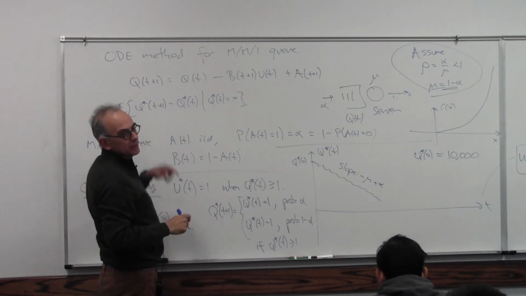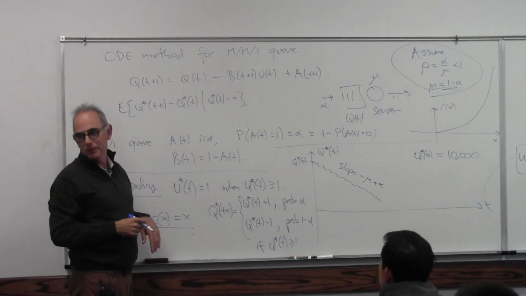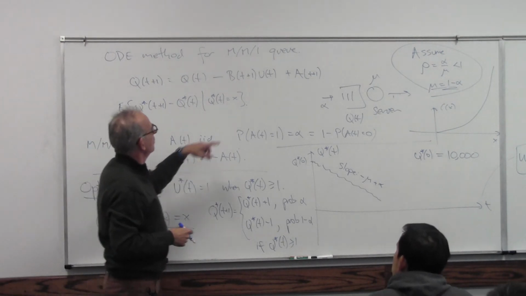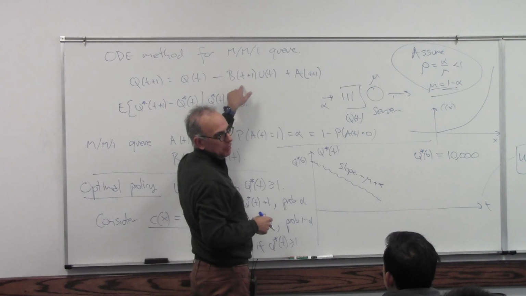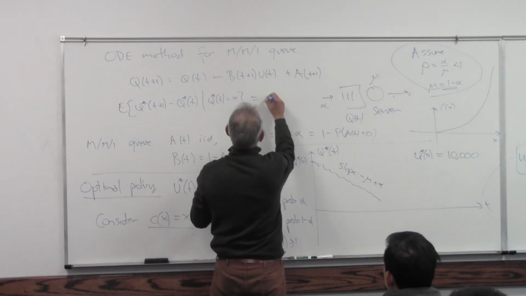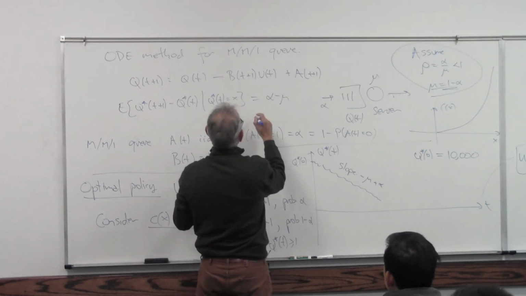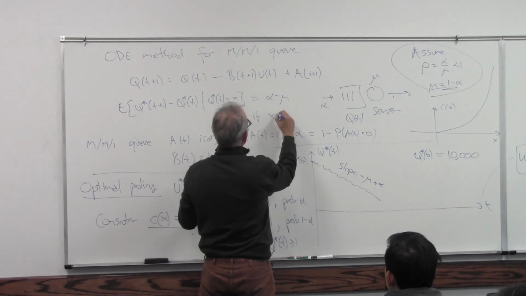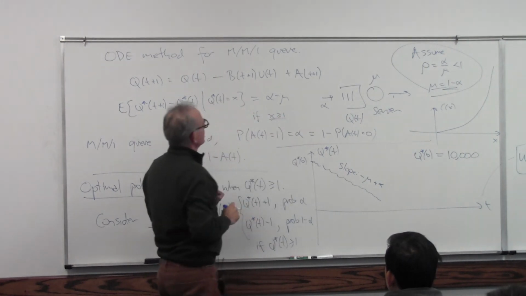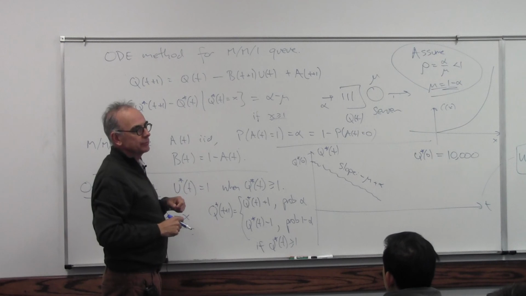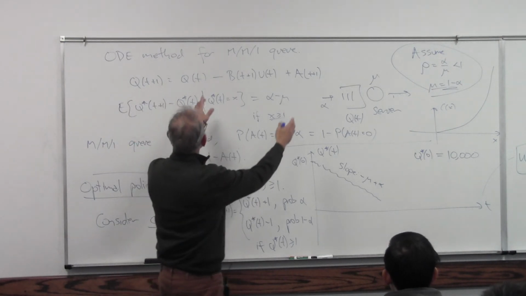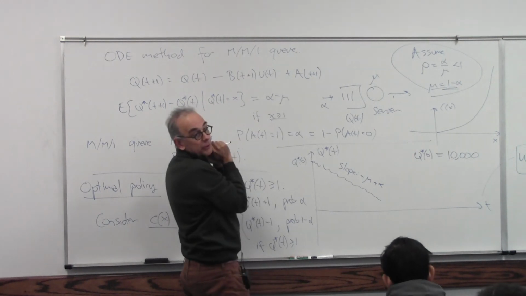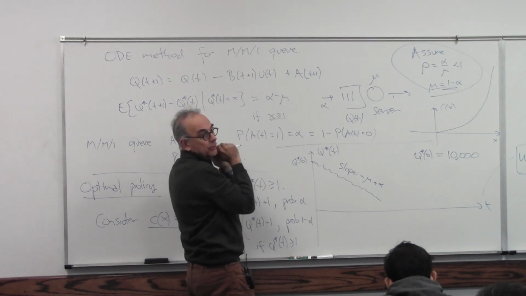Look at the increments. That's the slope. The mean increments are going to be the mean of this minus the mean of that. That's alpha minus mu. So this increment here is the noise into the system, and so forth.